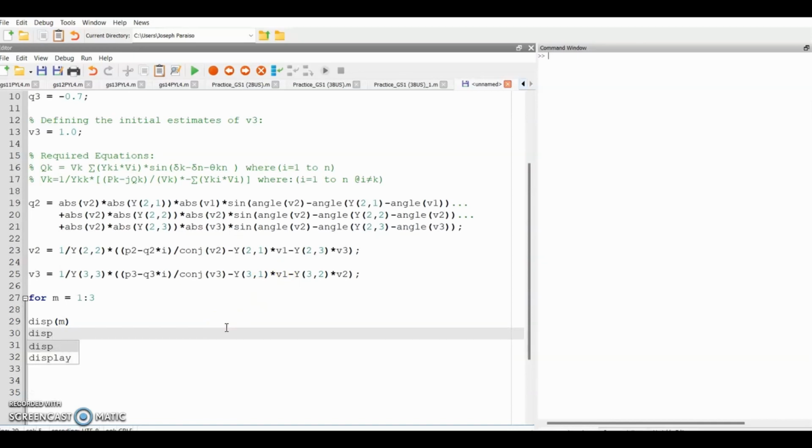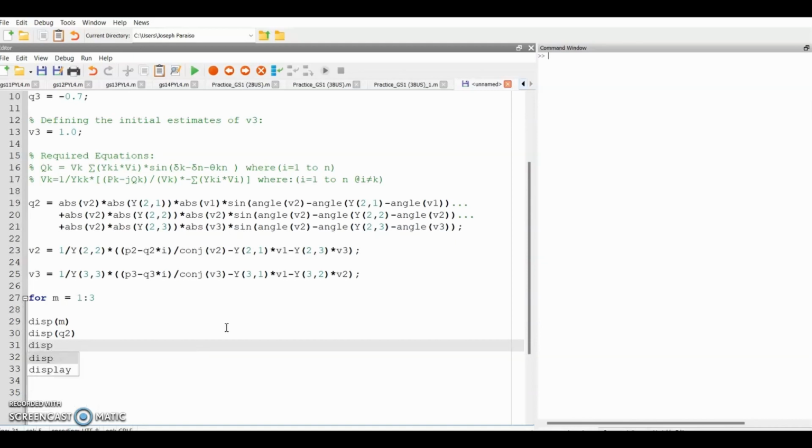Next is to display the value of Q2. Next is to display the absolute value of Q2 and the angle of B2 times 180 divided by pi.